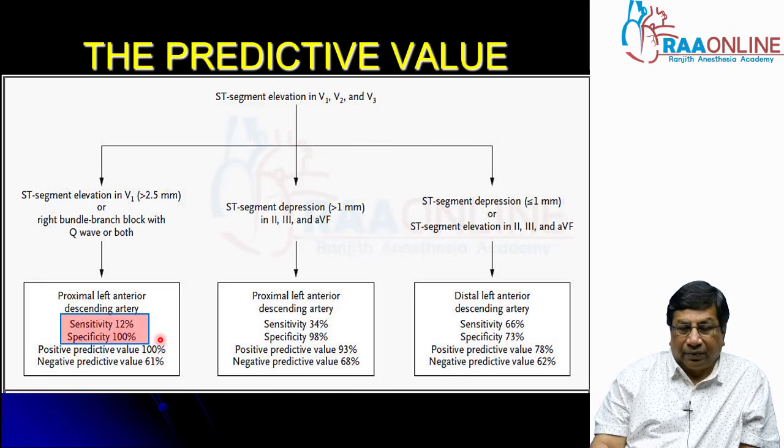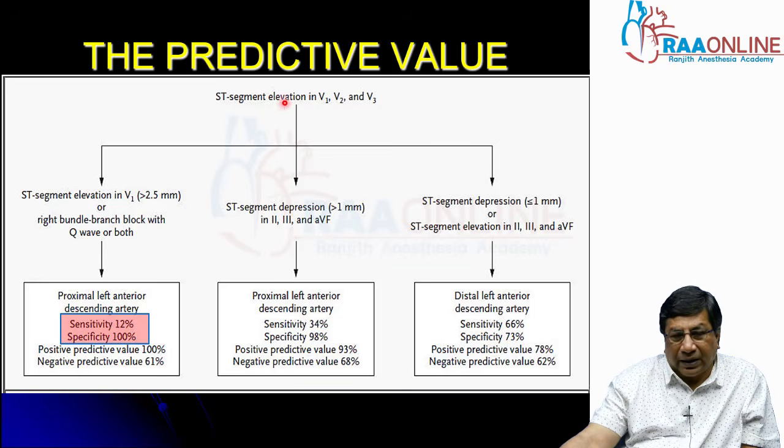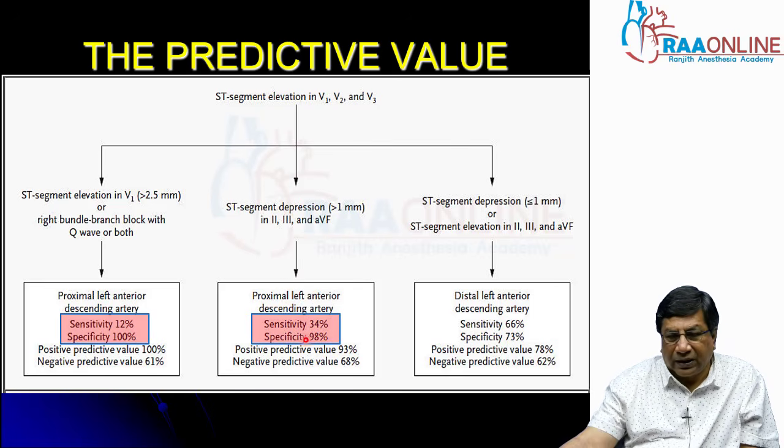In contrast to that, if you have ST segment depression of more than 1 millimeter in inferior leads without ST segment elevation in V1, diagnosing a proximal left anterior descending artery lesion once again has good specificity but low sensitivity, with only inferior ST segment depression.